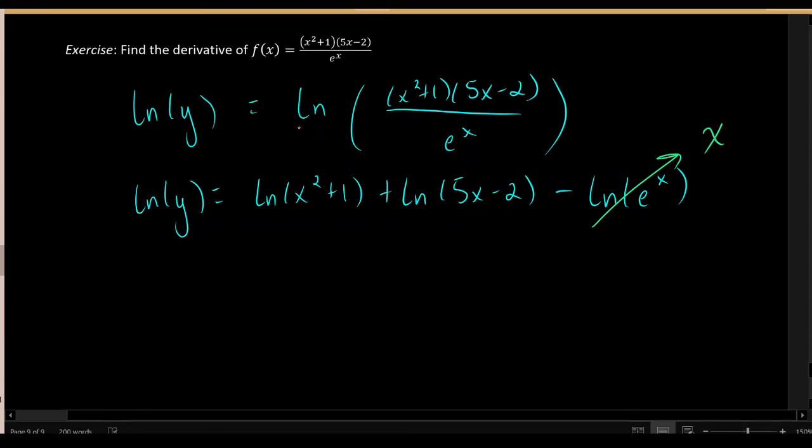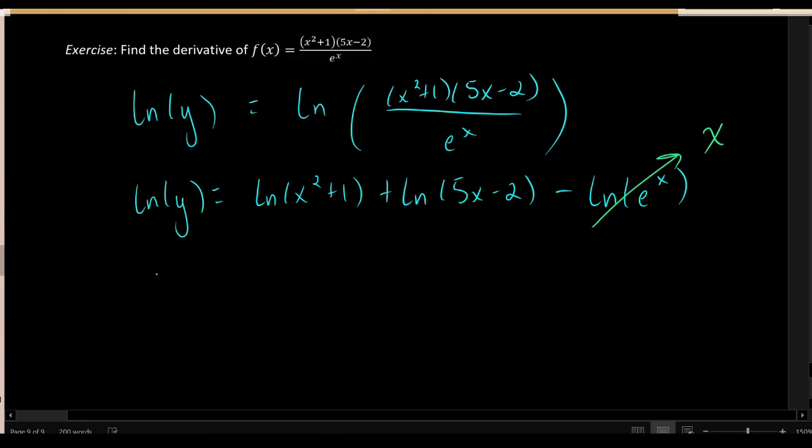So natural log turned a product slash quotient into a sum slash difference. And so instead of using the nasty product and quotient rules, now we can use the much more pleasant sum and difference rules. Let's combine the sum and difference rules with the shortcut formulas that we have for the natural log of something.